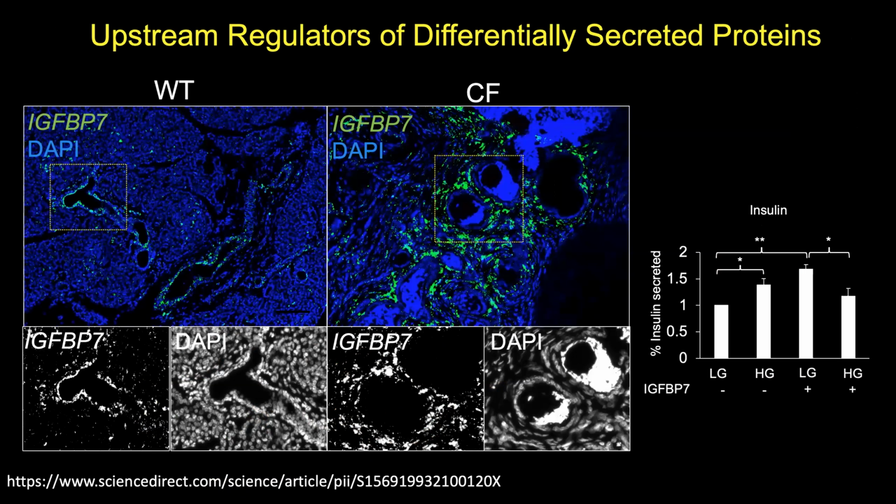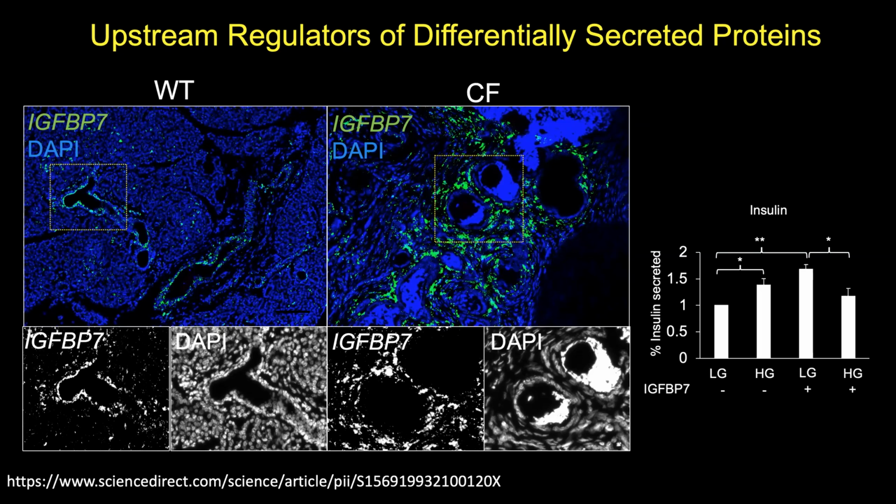We also verified if the differentially secreted proteins found in vitro also varied in vivo. What I show here is one candidate differentially secreted protein, IGF binding protein 7. For this, we used single molecule in situ hybridization and saw that the ducts in the CF ferret pancreas expressed lower IGF binding protein 7, as we observed in our secretion assay in vitro.